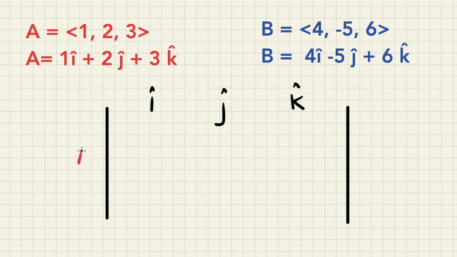So over here in this row, I'm going to put my A components. So for my I, I have 1. This one would be 2, and this one is 3. So now here I have my B components, and right here I'm going to put 4, -5, and 6.